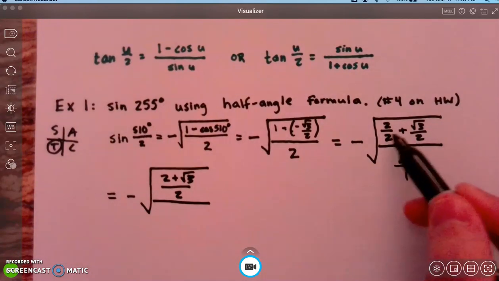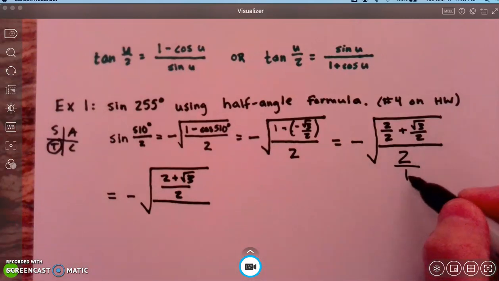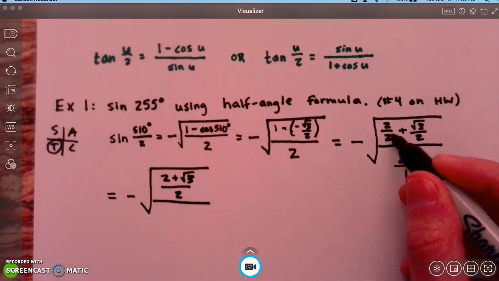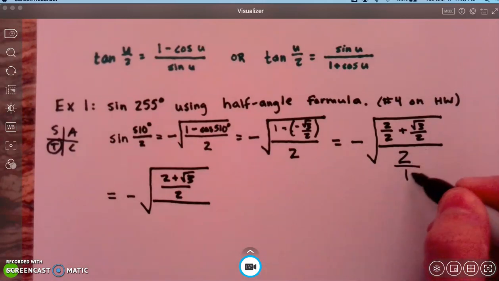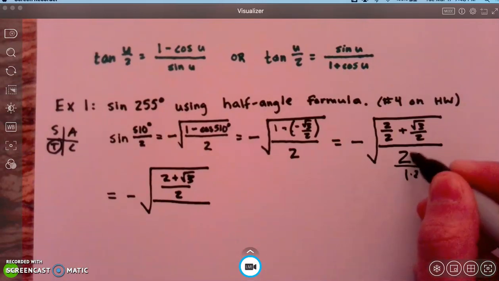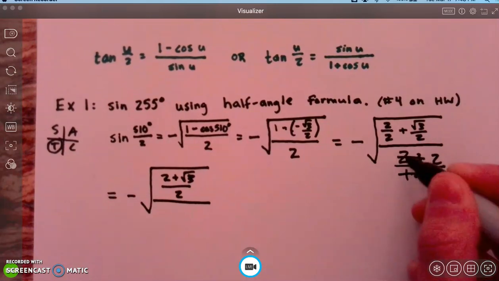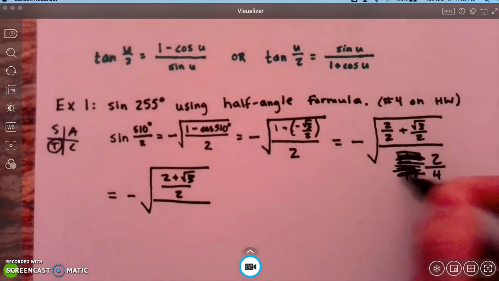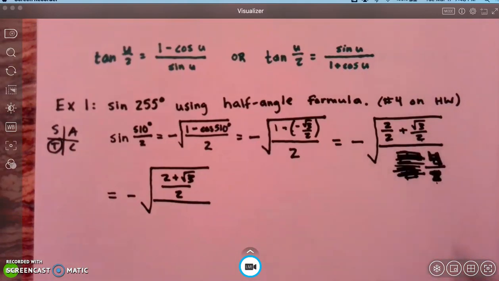I know that if my denominators in a complex fraction are the same, I can cancel them out. So how could I make this a 2? I'd have to multiply everything by 2. So let's get rid of that 2 over 1 and rewrite it as 4 over 2. Sorry about that. Now I have 2s in the denominators.